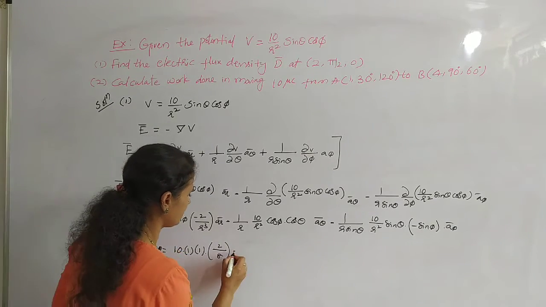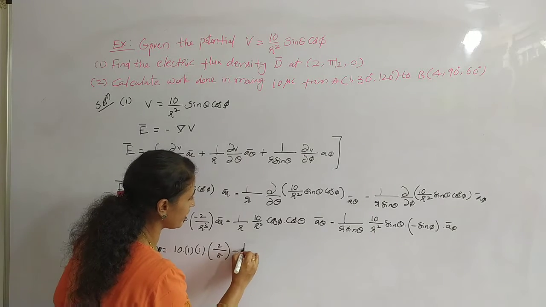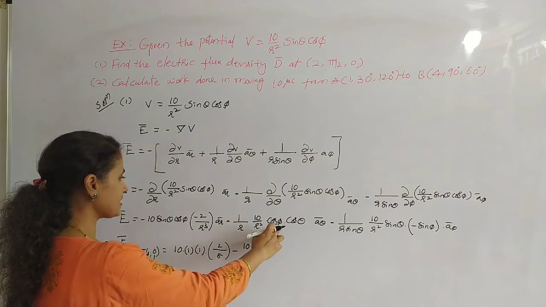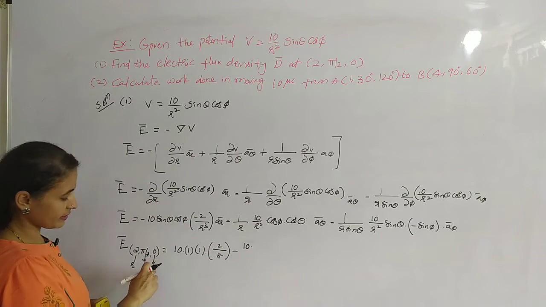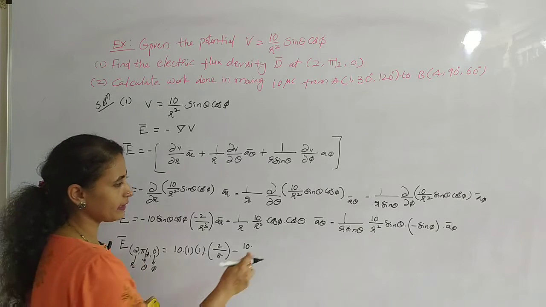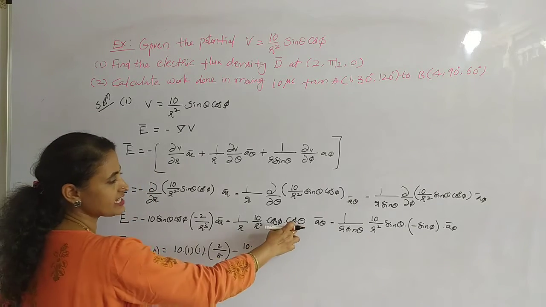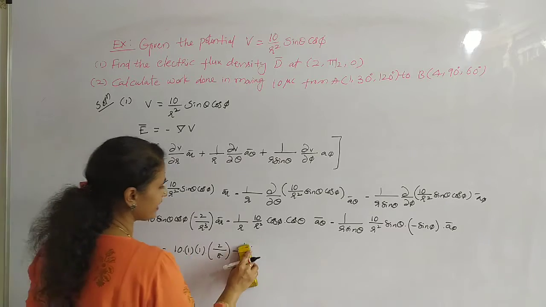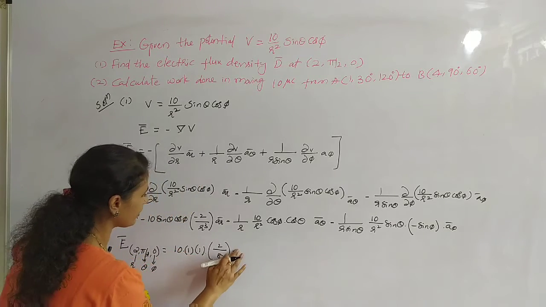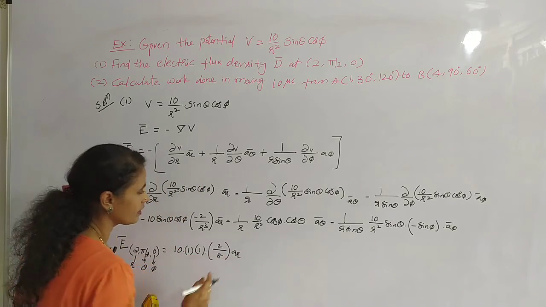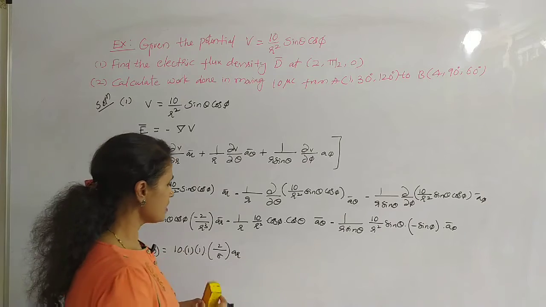Then in the numerator, this is 10, cos phi is cos 0, it is 1 only, and cos theta is cos pi by 2, which is 0, so the second term will become 0. Here we have A r. The second term has become 0.